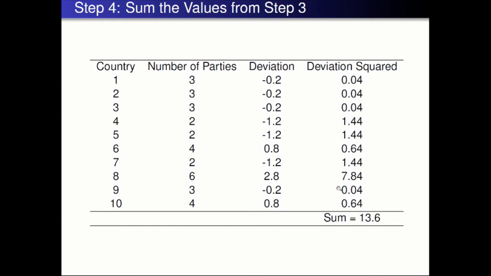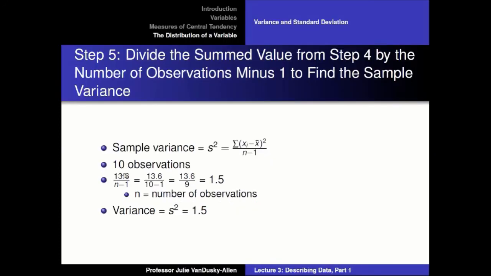Then we add all the squared deviations together. 0.04 plus 0.04 plus 0.04 plus 1.44 plus 1.44 plus 0.64 plus 1.44 plus 7.84 plus 0.04 plus 0.64 is 13.6. 13.6 is our numerator.